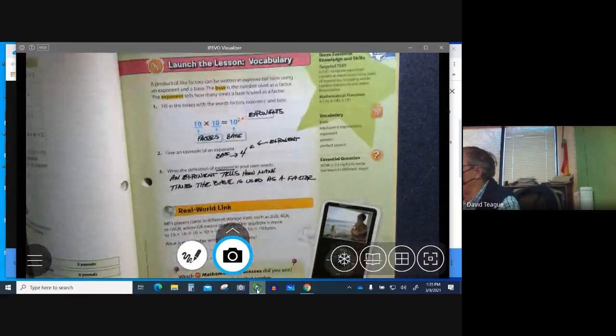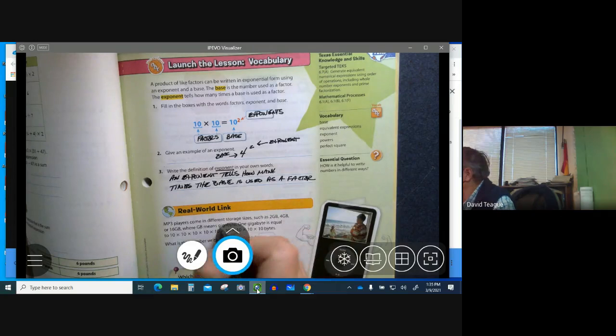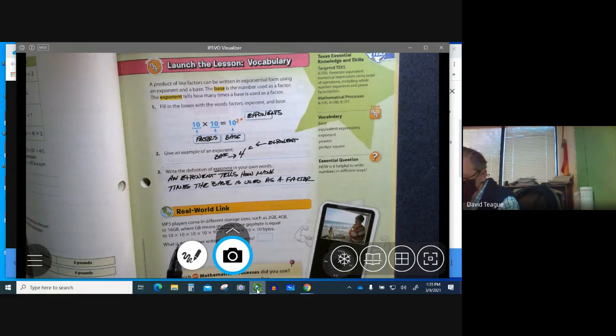Okay, so if we go to the real world, it says an MP3 player. MP3 players come in different storage sizes, such as 2 gigabytes, 4 gigabytes, or 16. 1 gigabyte is equal to 10 times 10, nine of them.